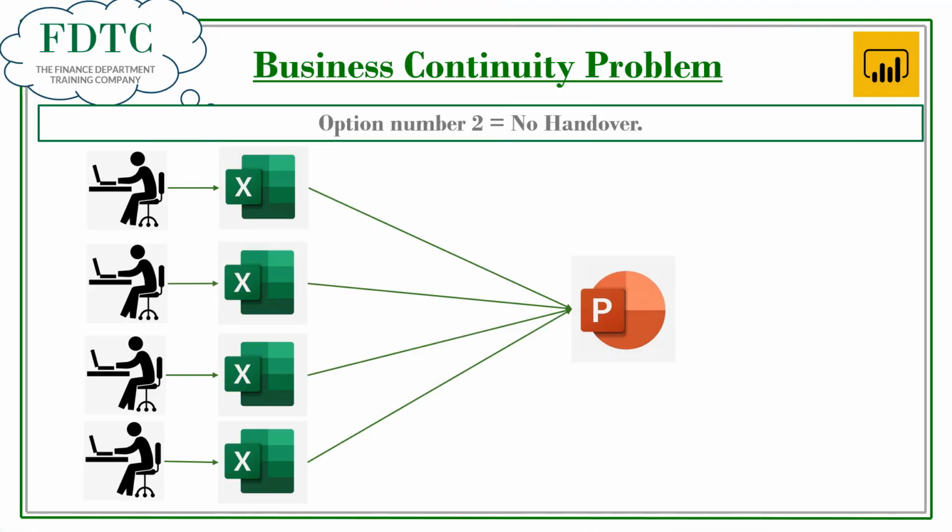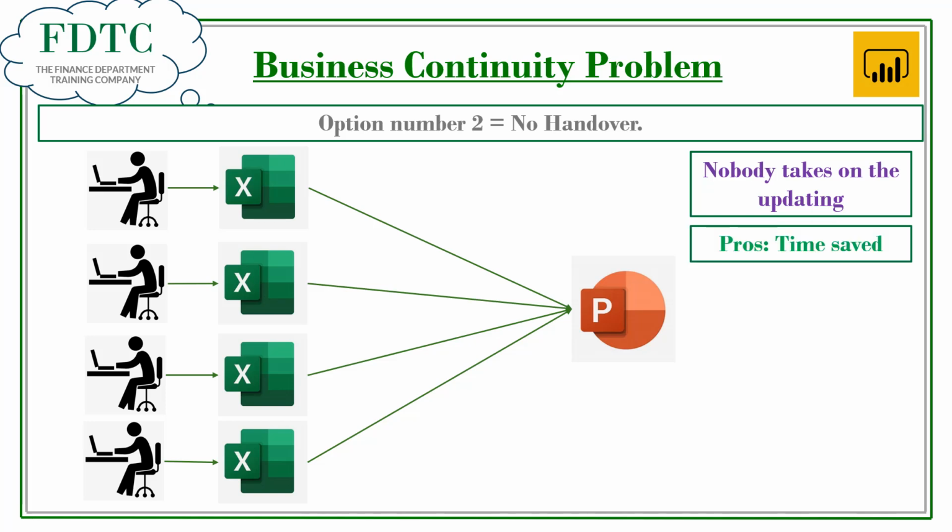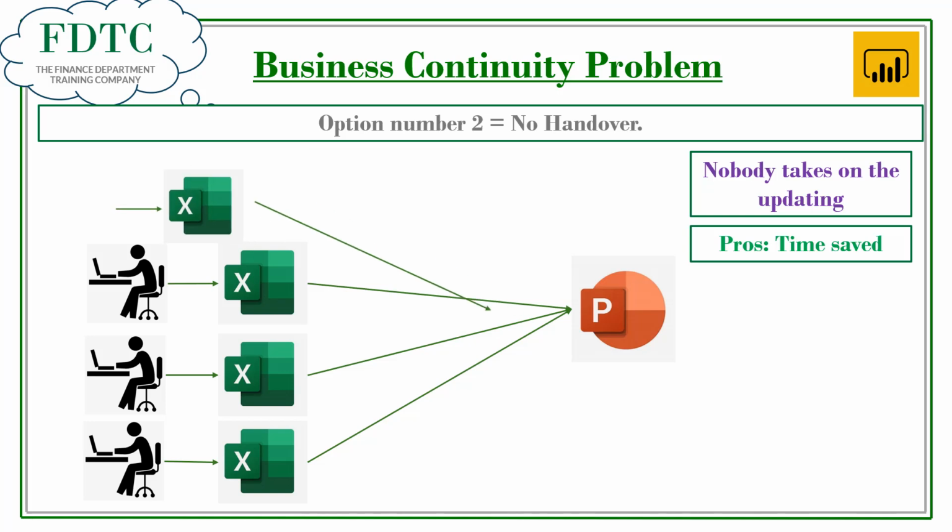Option number 2 is even easier. There's no handover at all. Now, this means that nobody then takes on the updating of the spreadsheet. Now, on the bright side, this does at least mean that time is saved because there's no handover. But on the downside, when our employee disappears, they leave something of a chasm in the reporting process, which means that the Excel spreadsheet is not maintained nor updated while they're away.